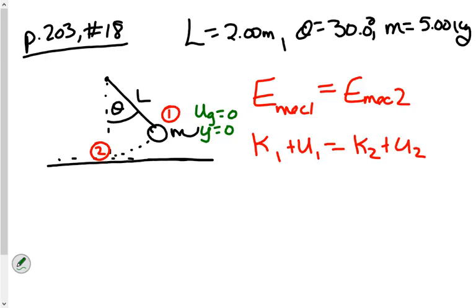So, is my object released from rest? Yes. So that means that here at point 1, the speed is equal to 0 as well. Okay. And then the object falls a height h, right? And if you go back in your notes, what was h equal to?